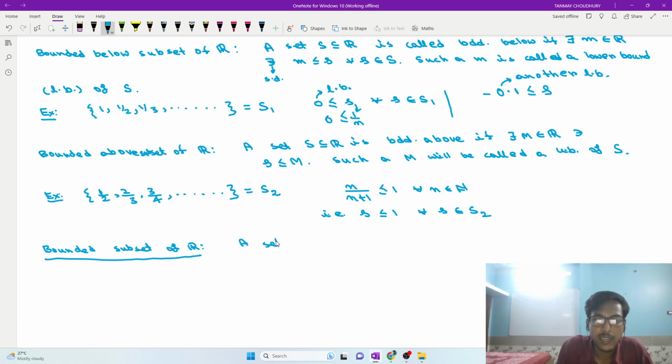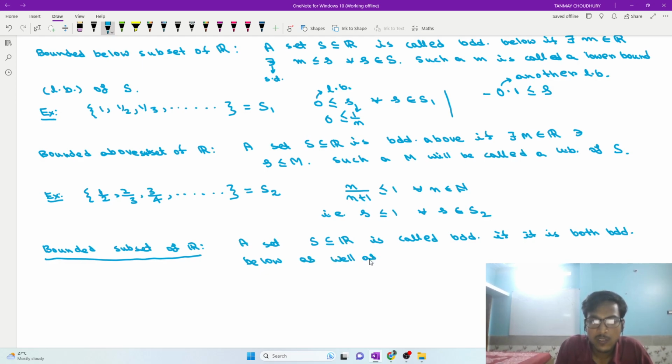So a set S subset of R is called bounded if it is both bounded below as well as bounded above.